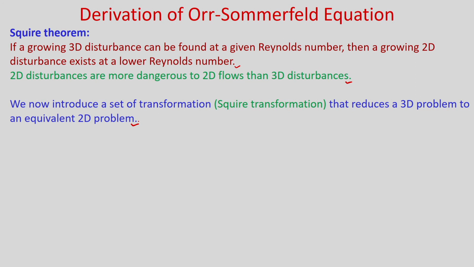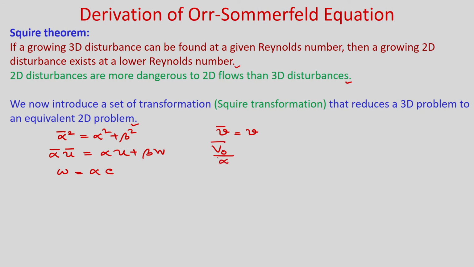One is alpha bar square is equal to alpha square plus beta square, alpha bar u bar is equal to alpha u plus beta w, omega is equal to alpha into c, and v bar is equal to v, v naught bar by alpha bar is equal to v naught by alpha, u bar is equal to u plus beta by alpha w, and p bar by alpha bar is equal to p by alpha.